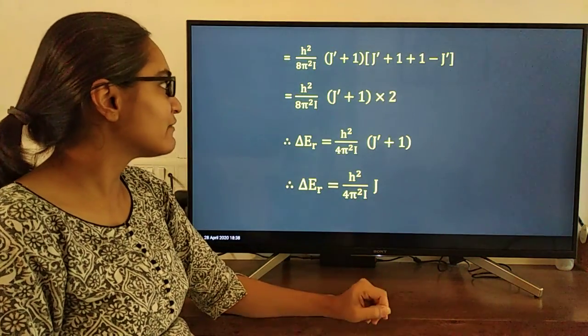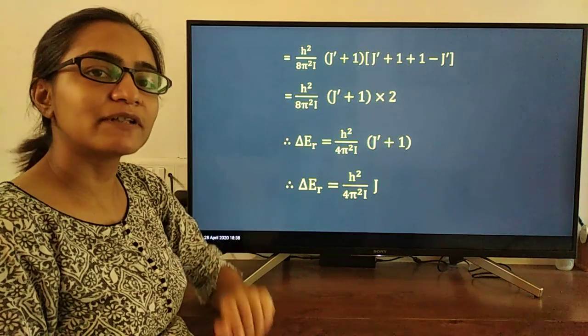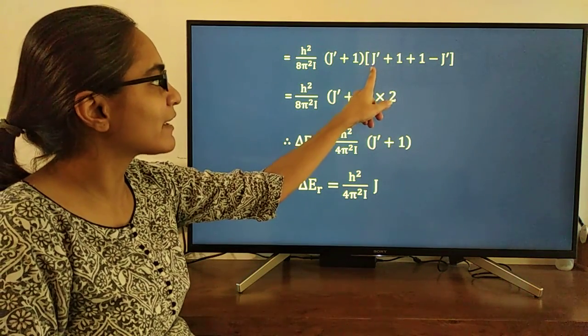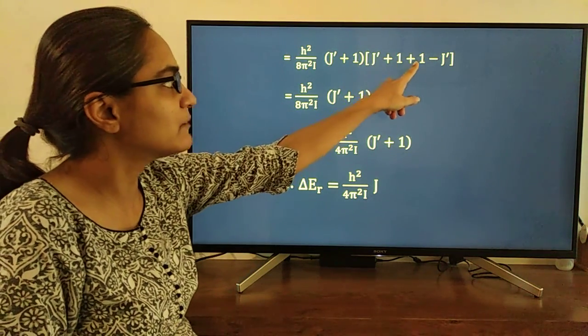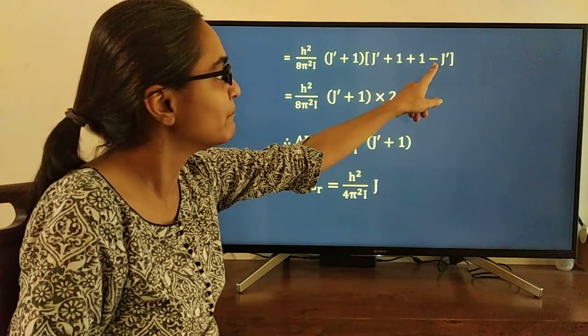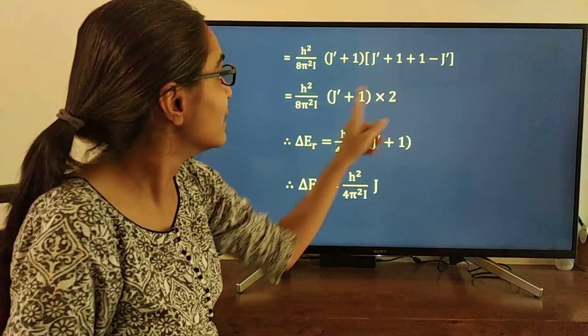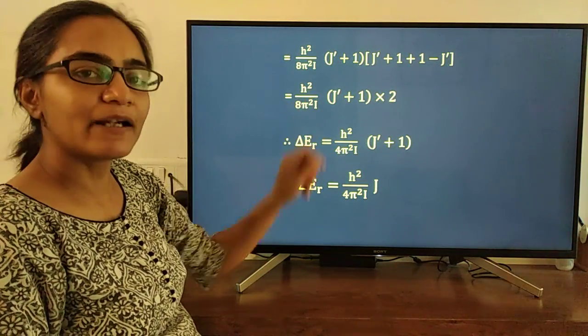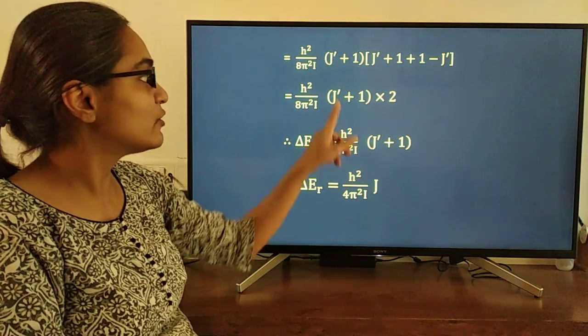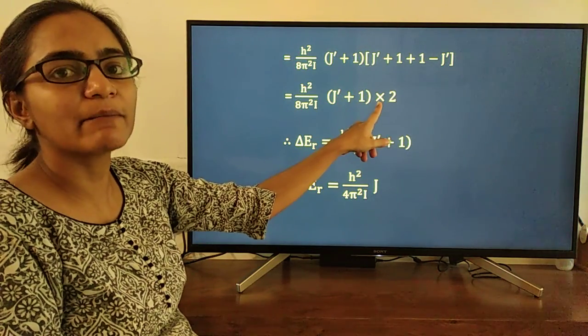By solving, J prime plus 1 is common, and in the square bracket we get J prime plus 2 minus J prime, and the plus J prime and minus J prime cancel. So the equation becomes h square upon 8 pi square I into J prime plus 1 multiplied by 2.